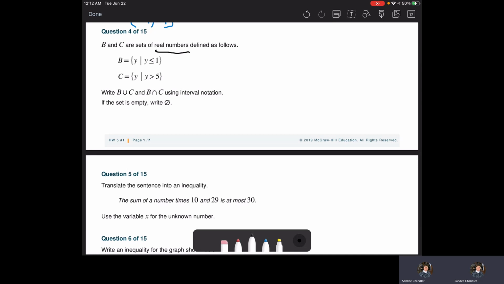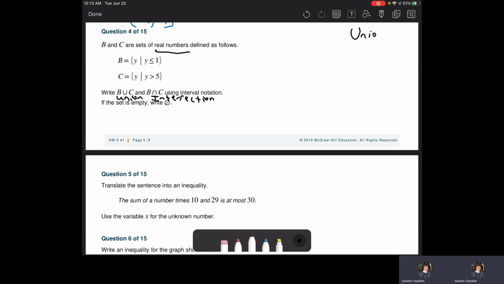We want to write B union C, and B intersection C. If the set is empty, we'll write the empty set, which is a circle with a line through it. It's not a zero. All right, so remember some things.